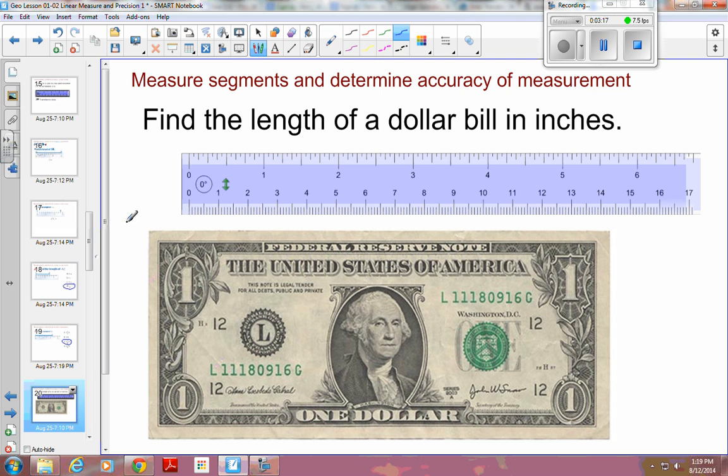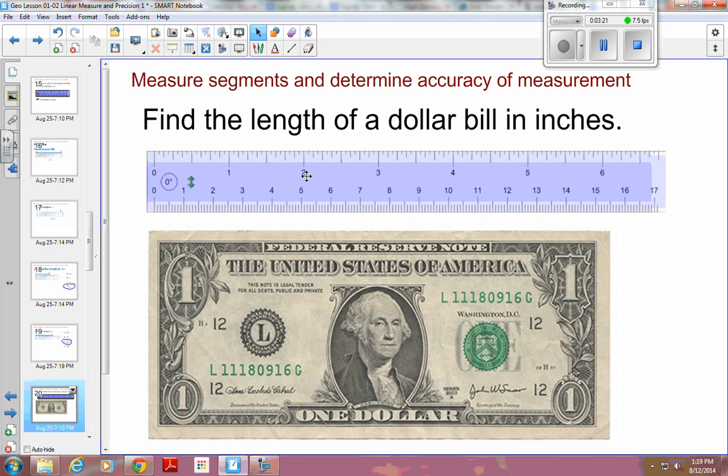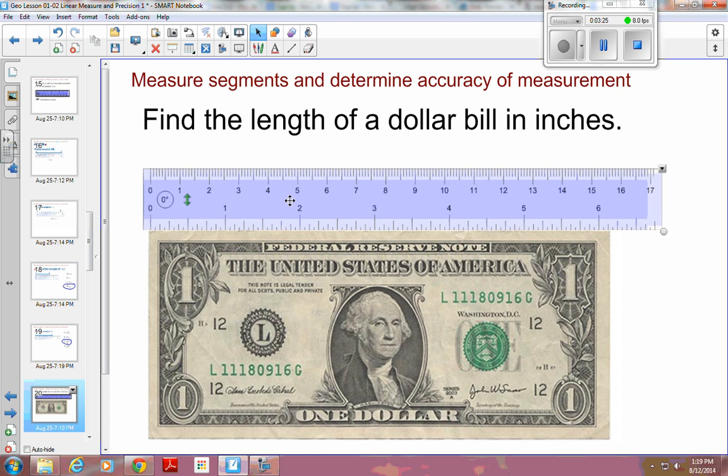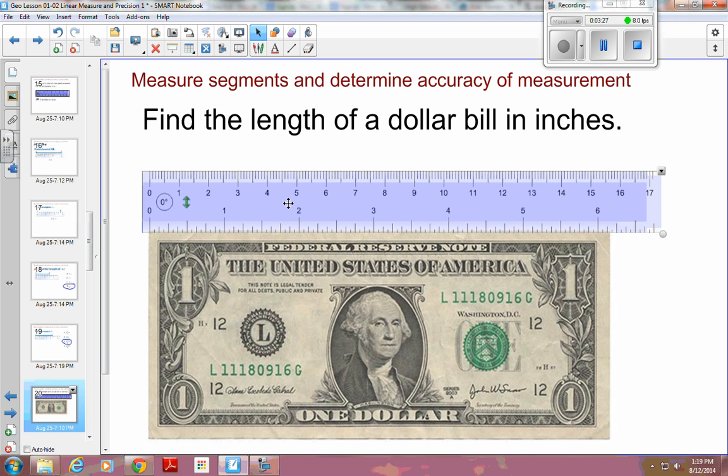Okay, find the length of the dollar bill in inches. So let's line up our ruler. We want it in inches. Let me swap the inches side over here. And line up my 0 on the edge. Come over here. And it looks like I am 1, 2, 3, 4, 5, 6. I've got 6. And then I've got 1, 2, 3.